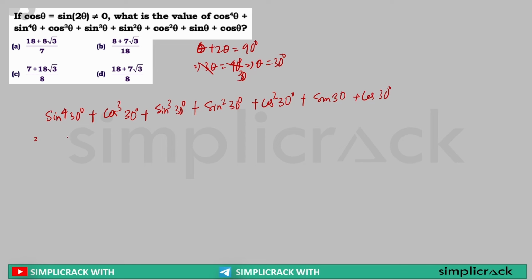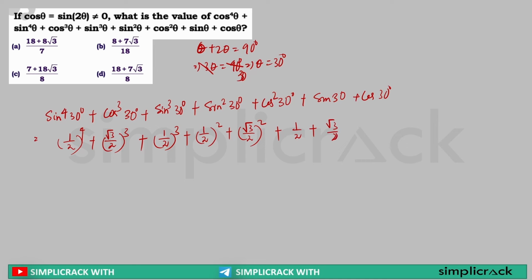Sine to the power 4 will be 1 by 2 to the power 4, plus cos cube 30, that is root 3 by 2 to the power cube, plus sine cube θ, that means 1 by 2 to the power cube, plus sine square θ, that means 1 by 2 square, plus cos square θ, that means root 3 by 2 whole square, plus sine θ, 1 by 2, plus cos 30, that is equal to root 3 by 2.